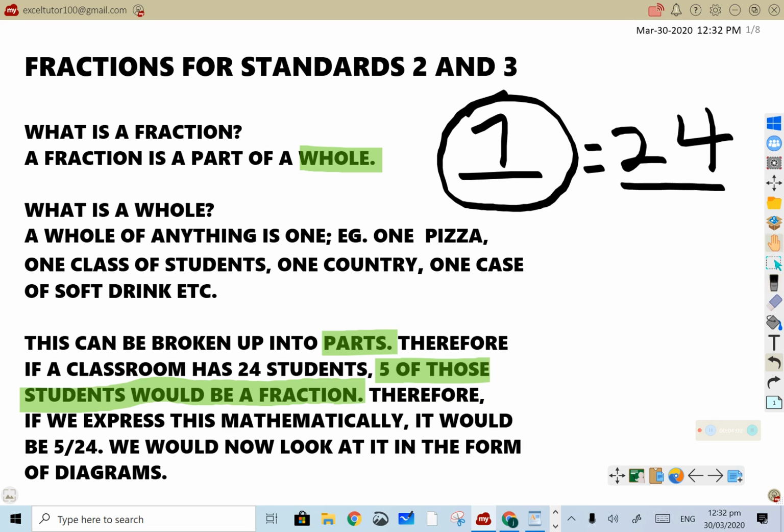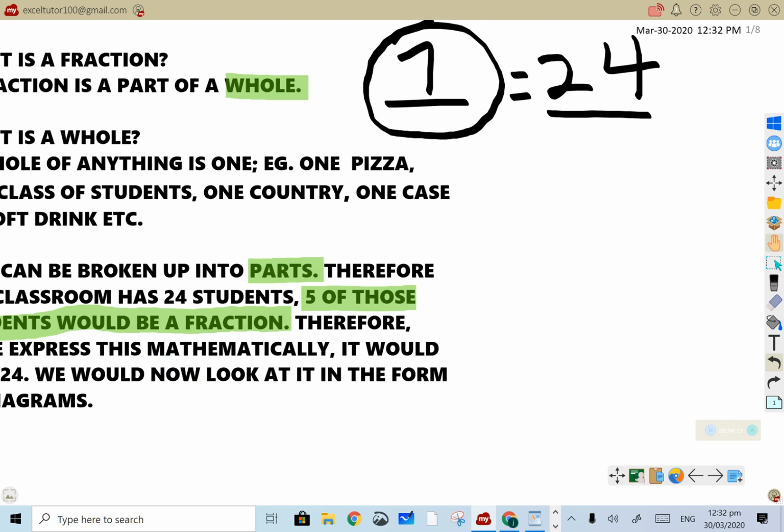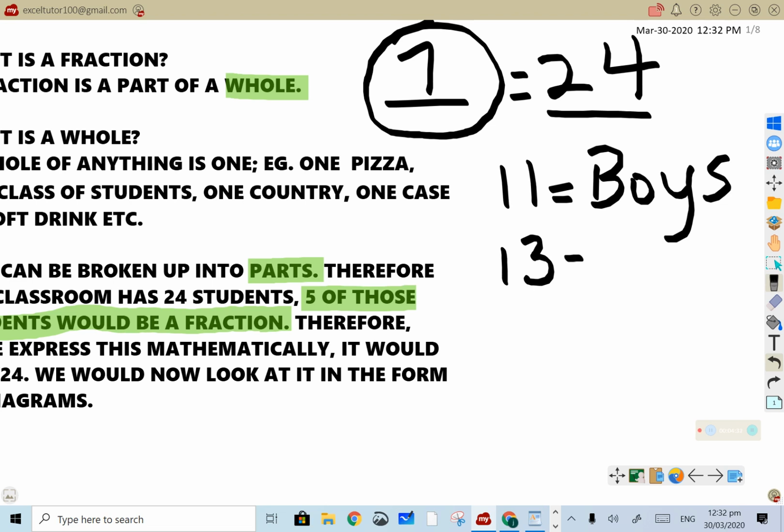Now from that, we can have 11 boys, and we can have 13 girls. This is what I mean: we select a part of it. So 11 is a part of the class, and 13 is also a part of the class.